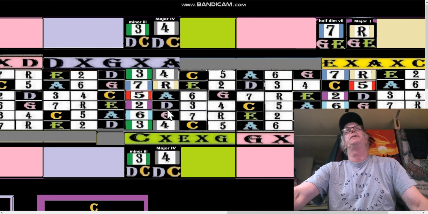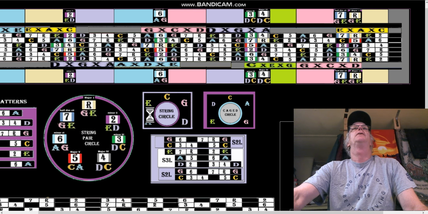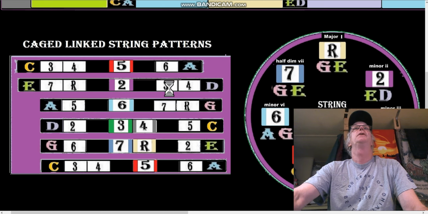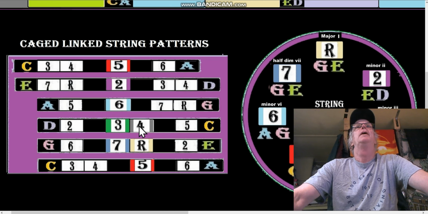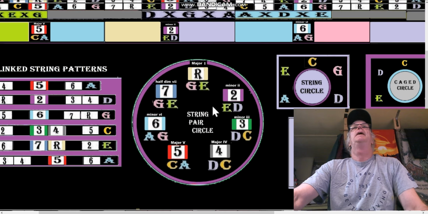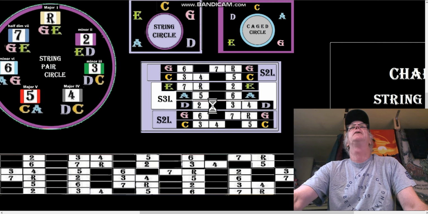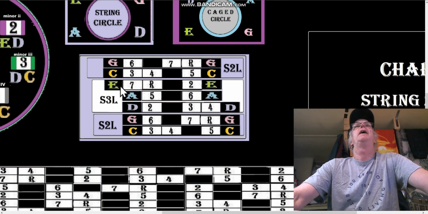And keep in mind what these shapes are. They're over here, the cage link string patterns. The D shape right here is 2 3 4. The C shape is 3 4 5. I didn't show the individual cage shapes necessarily. Yes, I did, they're right here. They're just not singled out as the 5.